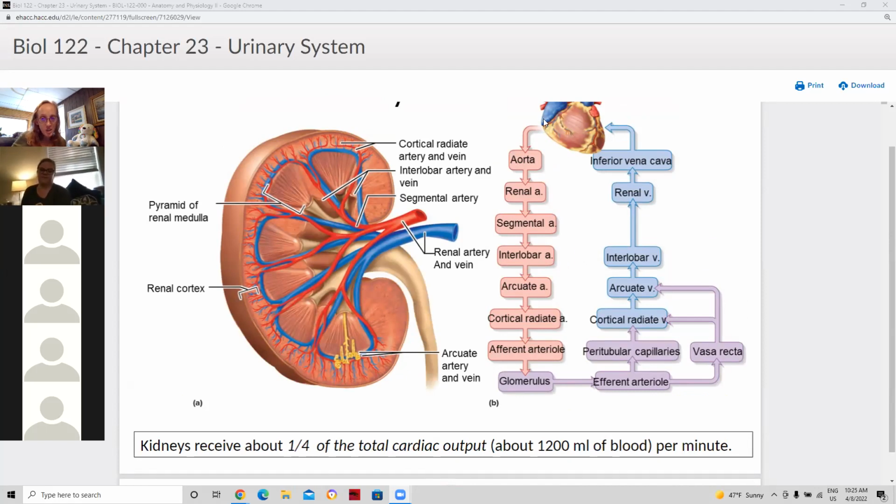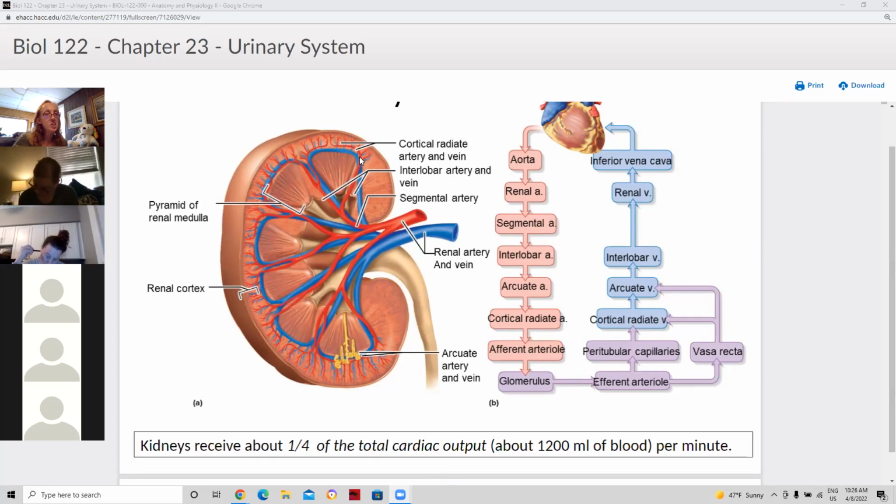So from the heart, the blood moves into the aorta. In the abdominal aorta, there's a branch that branches off into the renal artery. Renal artery becomes a segmental artery. As the segmental artery moves up in between the pyramids, it becomes the interlobar artery.